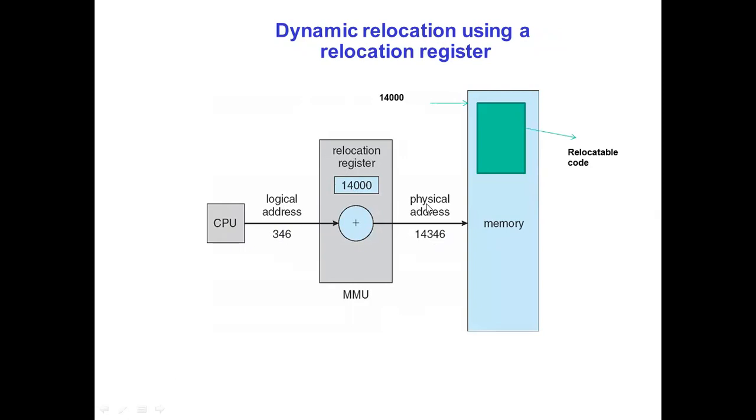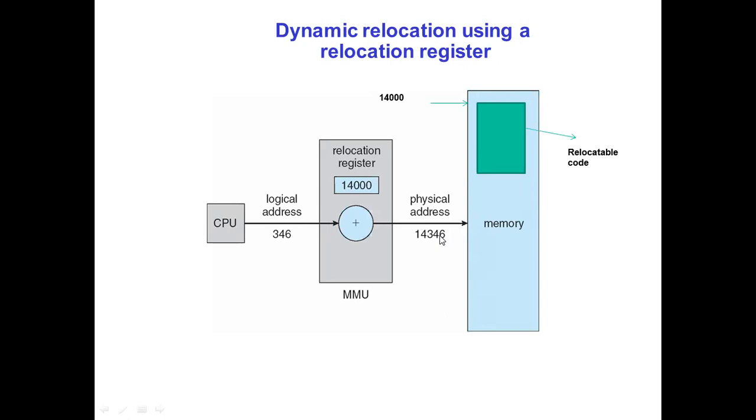Again here we will get the physical address. In the preceding slide, we have already seen how we obtain the physical address: the logical address plus the address in this relocation register, 14,000, and this gives the physical address.